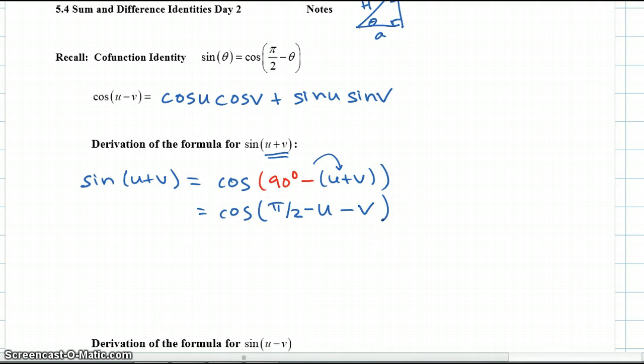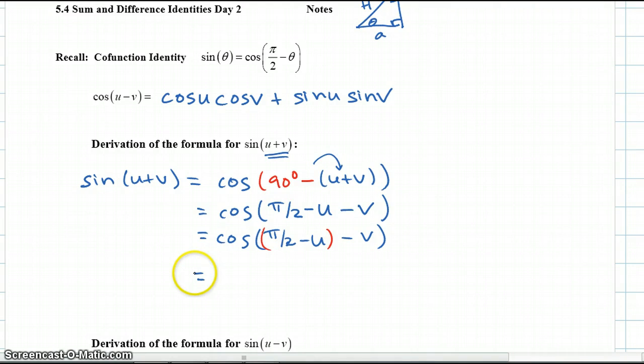If I think of it this way, I can actually break up that angle. So that's really equal to the cosine of pi over 2 minus u, that's my first angle, minus my second angle, so minus v. And now I have two angles. My first angle is pi over 2 minus u, and my second angle is v, so I can use the cosine difference of two angles formula.